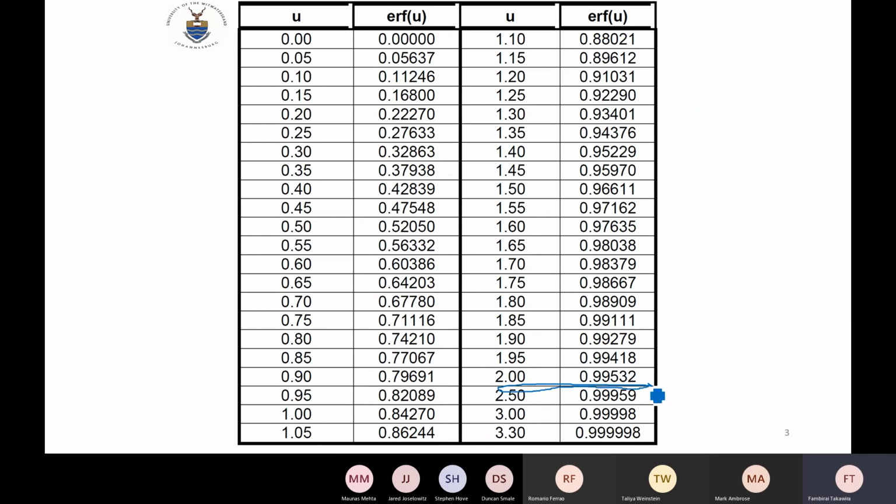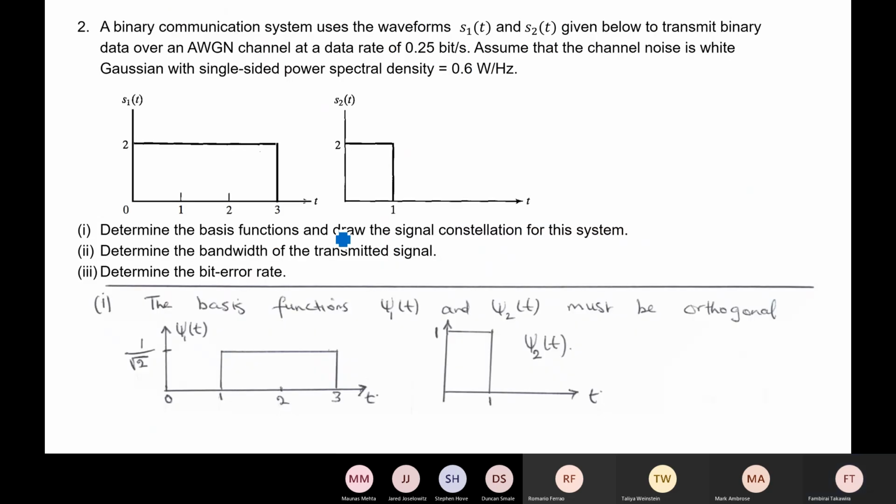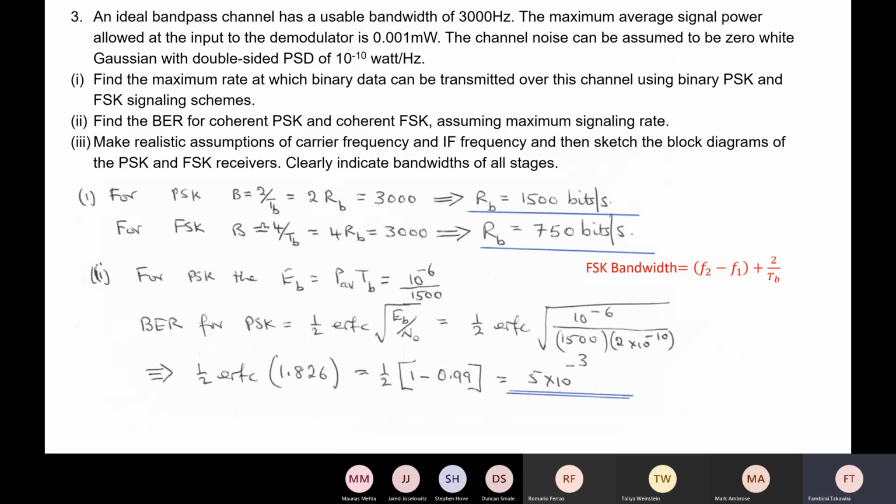And this is 0.995, and this is 0.995. A rough approximation says I can make that about 0.999. So it is 0.005 above and 0.005 below. So that's actually a reasonable value to put in the middle.